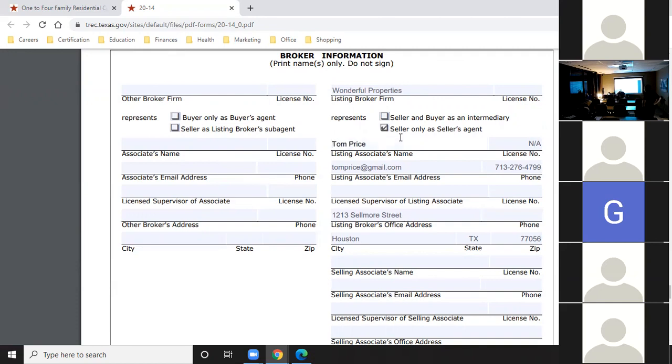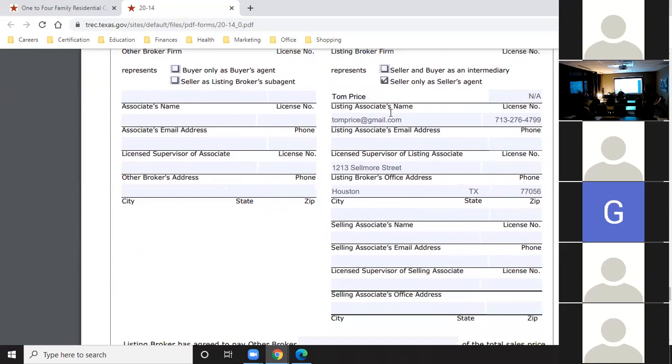And since we check box 2, we don't have to complete the bottom portion where it says selling associate. So when you check box 2, you jump over to the box to the left and complete all of that on the left side. Does that make sense, everybody?